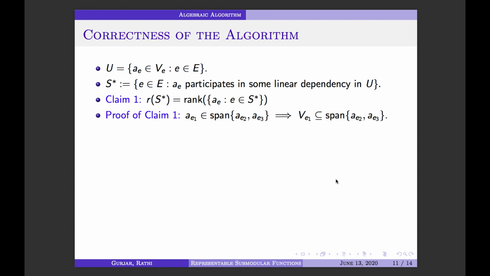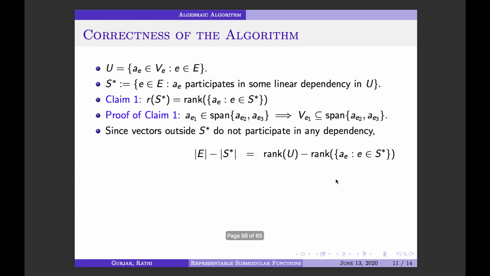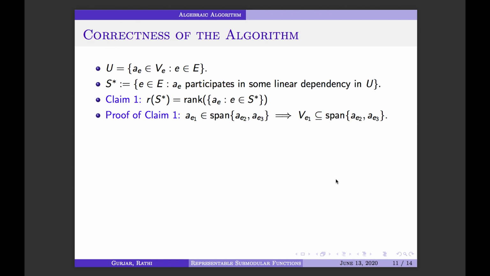And if almost every vector in VE1 is in this span, that just means that the whole subspace VE1 is in this span. Now you can make the same argument for every element in the set S star, and you can get that all these subspaces corresponding to set S star are in the span of these vector AEs, and this will prove your claim.